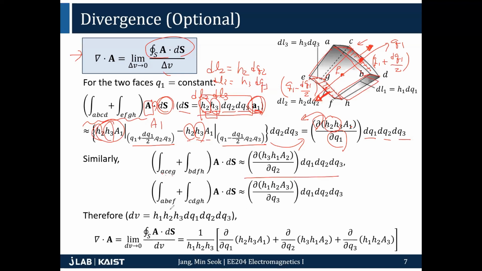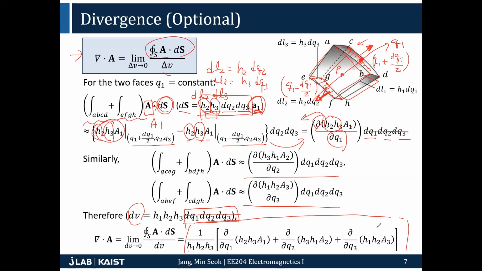And the other two surface pairs, you get this. If you add them up and divide by dV, which is H1 H2 H3 dQ1 dQ2 dQ3, you end up with this relation. The dQ1 dQ2 dQ3 in dV cancel out with the dQ1 dQ2 dQ3 here, and then you have H1 H2 H3 left, and this equation.